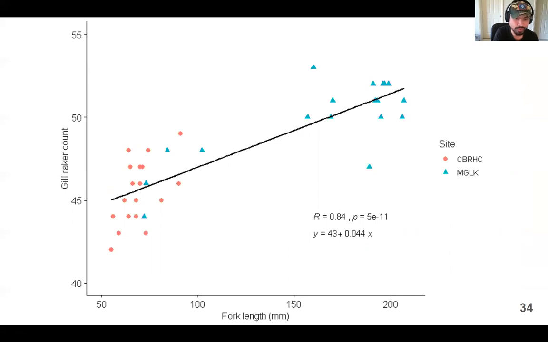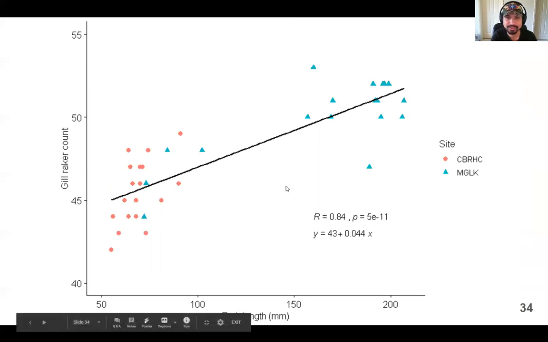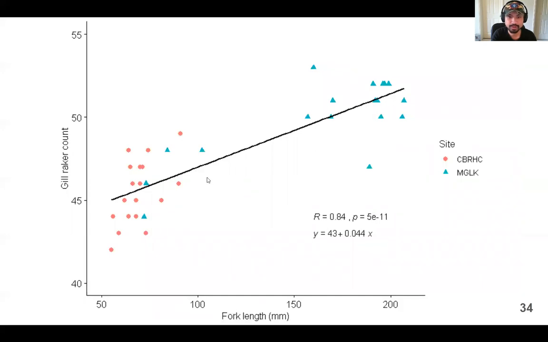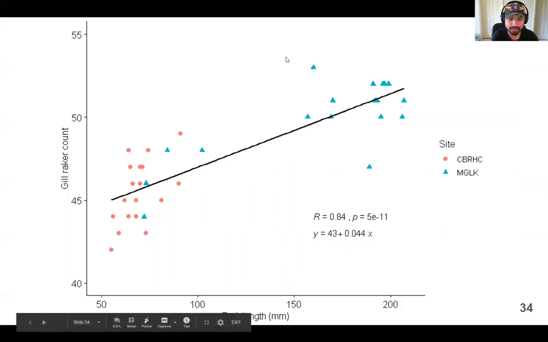But what was interesting is that most of our small fish were from CBRHC. The fish from CBRHC were much smaller than the fish that we collected from Mahogany Lake, and this wasn't really random sampling. So that does raise the possibility that they belong to two different species.